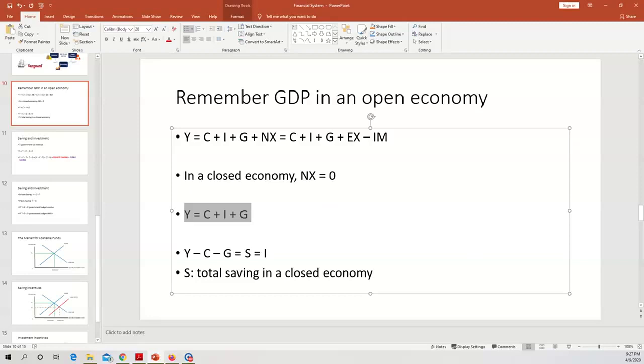Okay. Next, we want to do some simple mathematical manipulation. I want to move consumption and the government spending to the left-hand side of the equation. So I'm going to subtract consumption and government spending on both sides of this equation.